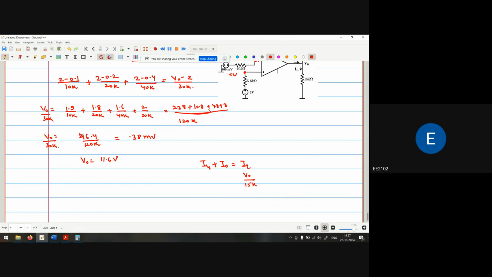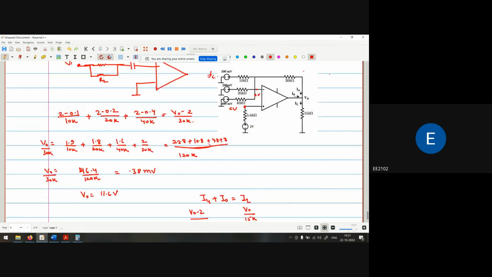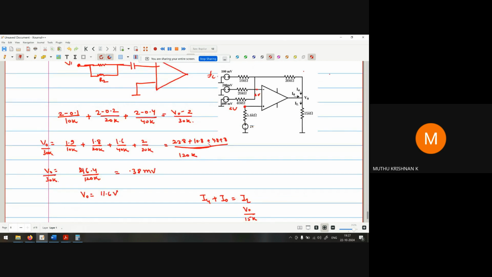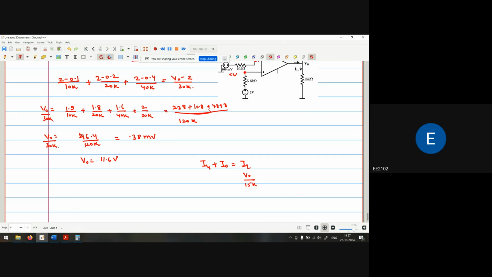What is IL? I4 is (2 minus V naught) divided by 30K. We can put 0.38. Okay, that is about it.